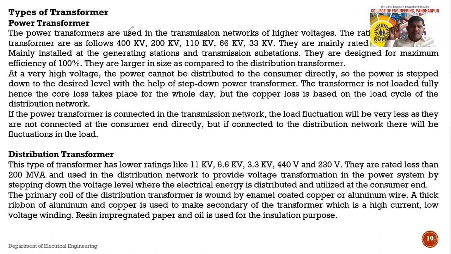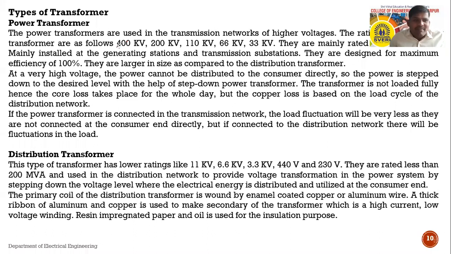All of you first of all keep in mind, the power transformer is usually at the generating station, and the distribution transformer is used at the consumer level, or it may be the load side. So the power transformer has a higher rating as compared to that of distribution transformer.